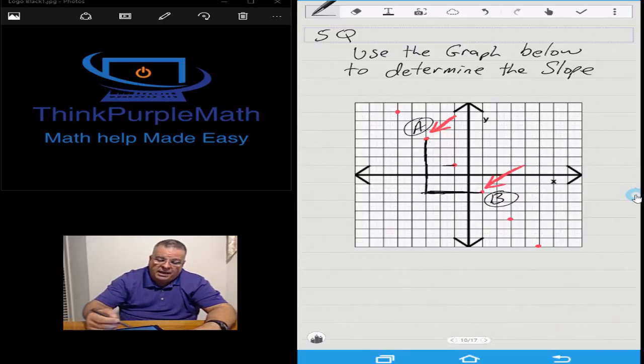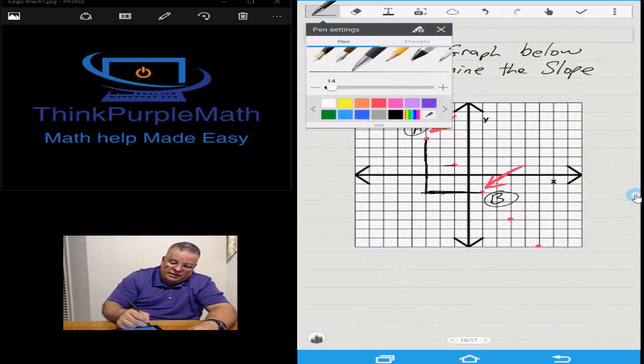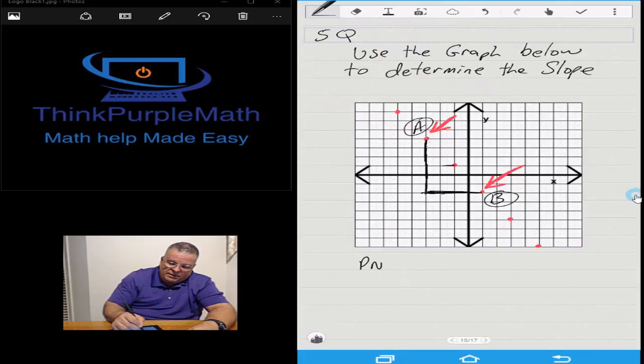To go from A to B, I'm going to figure out how far down I'm going. I'm going to just count now. 1, 2, 3, 4, 5, 6. So I'm going down 6 and right 4. Okay, so I went down 6 and right 4.